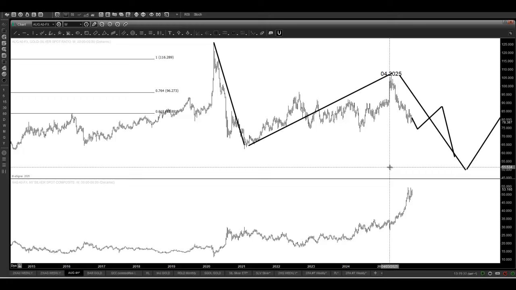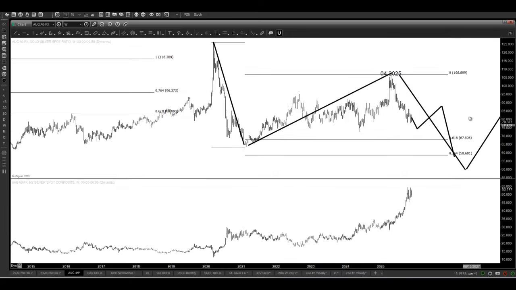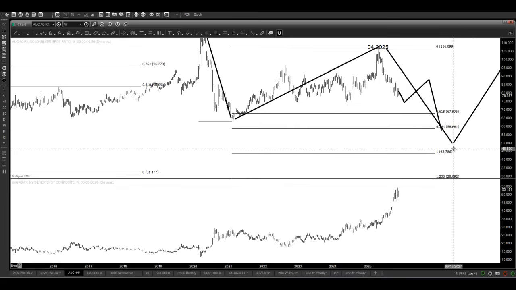So the ratio is telling me that silver is lagging now, Simone. But silver is a better long than gold at this moment until the ratio reaches the 100%. From here, silver around 43, silver will catch up around gold.